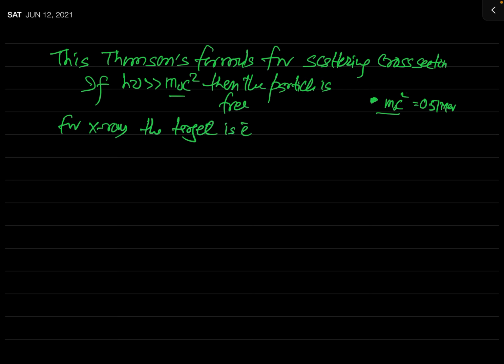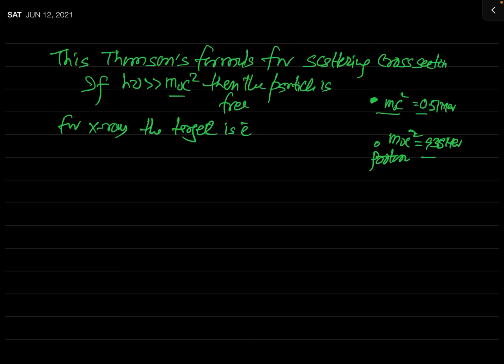But if you consider that there is a proton here, then this proton has a rest mass energy of 938 mega electron volt. In fact, this is a very large mass in comparison to the mass of the electron.